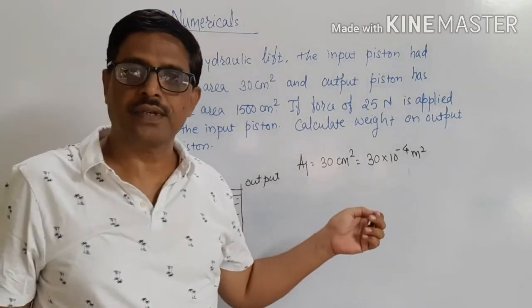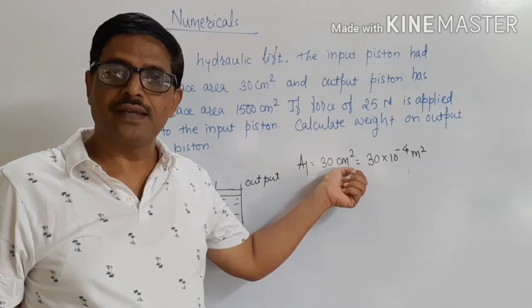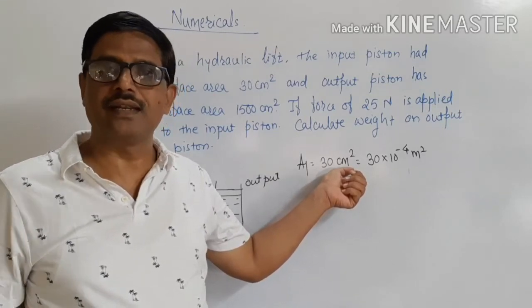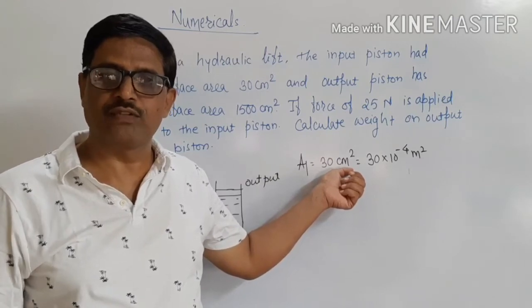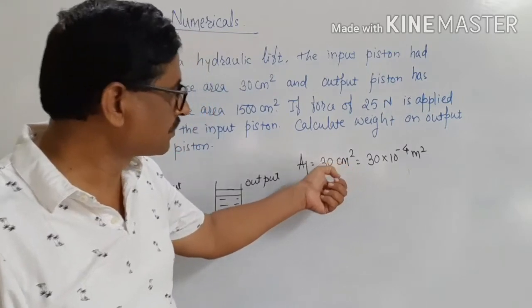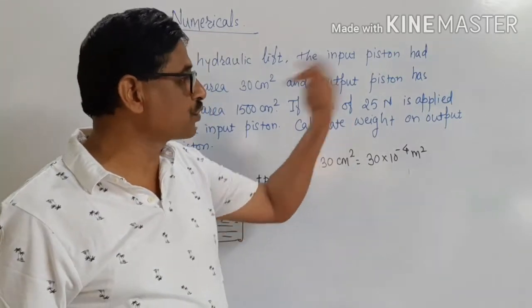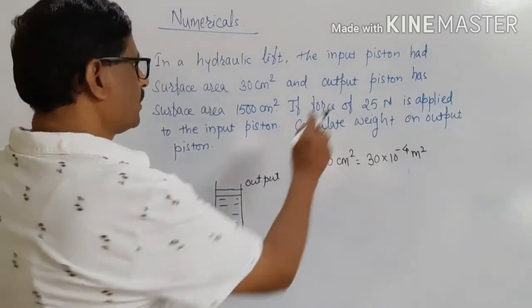Centimeter is the CGS unit of length, and meter is the SI unit of length, and 100 centimeter is equal to 1 meter. Therefore, 1 centimeter is equal to 10 to the power of minus 2 meter. As it is square, 10 to the power minus 2 square, it should be 10 to the power minus 4 meter square.